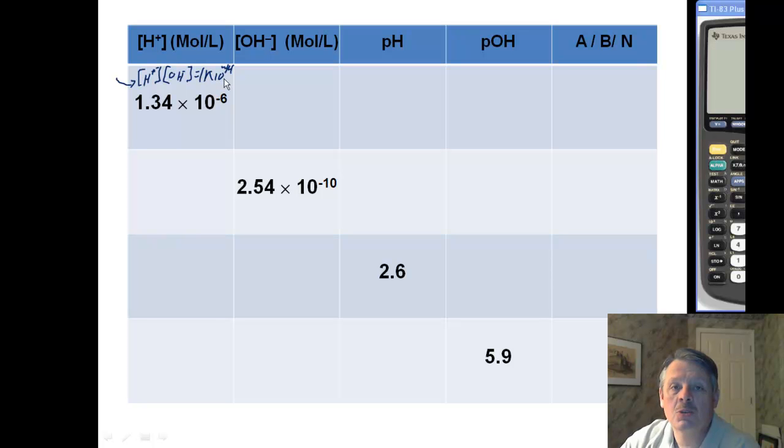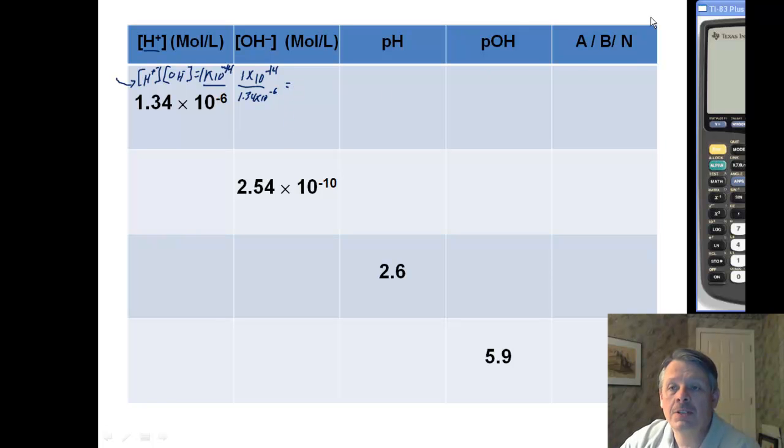Since we know that, if we are given the H, we can calculate the OH by saying that 1 times 10 to the minus 14th divided by our concentration of H, which is 1.34 times 10 to the minus 6th, should give us our answer.